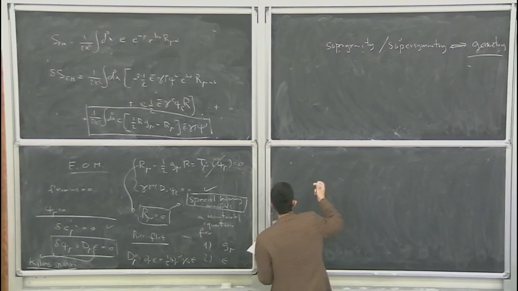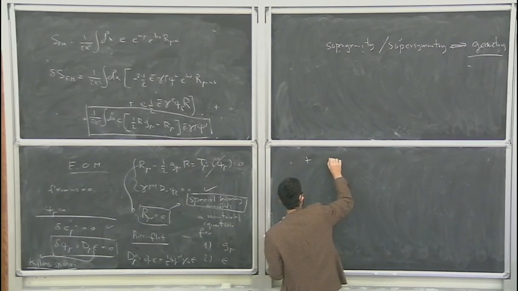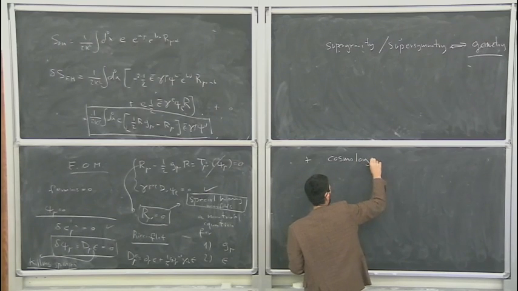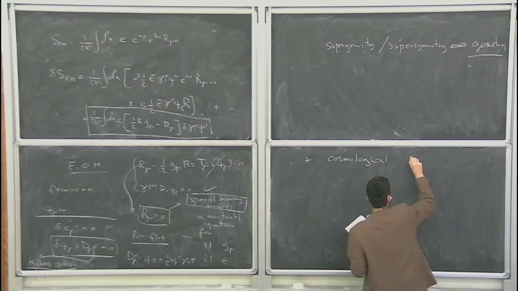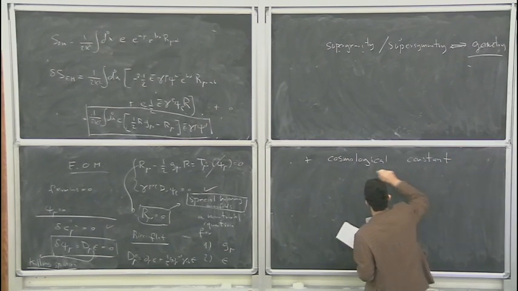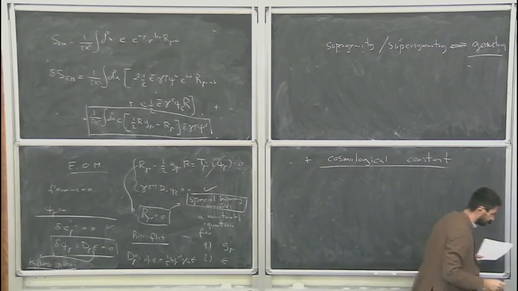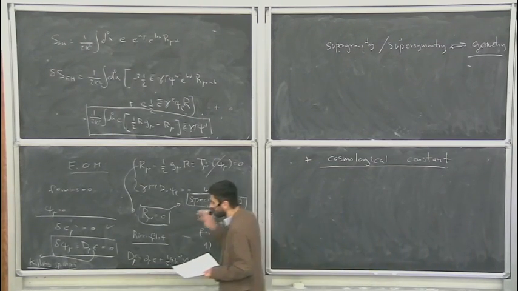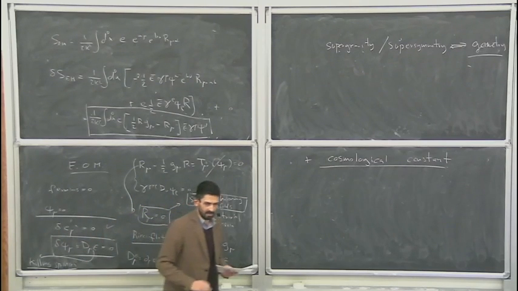So the modification that we want to introduce is very slight, and it's that of adding a cosmological constant. If we were just at the time of Einstein, we should not worry too much. We take the Einstein-Hilbert action and add a constant term, and that's it.